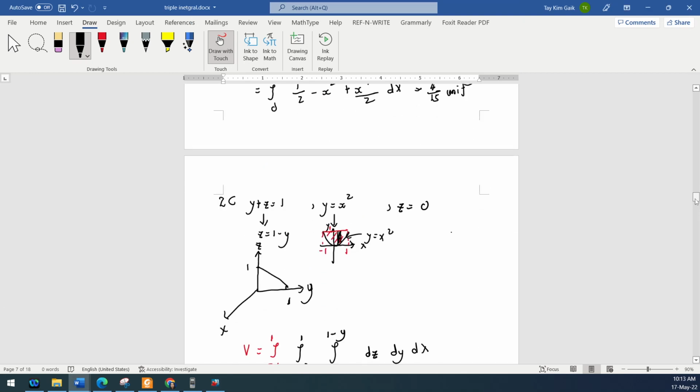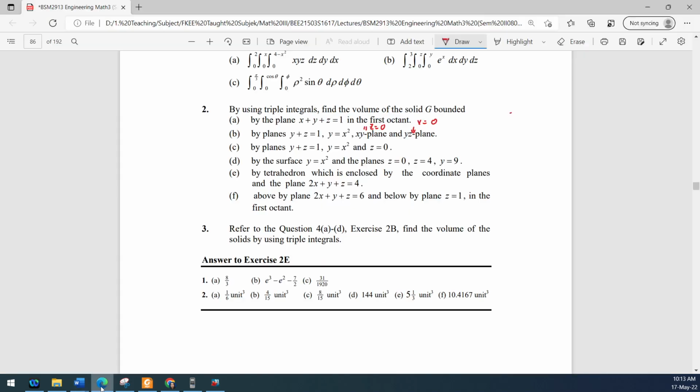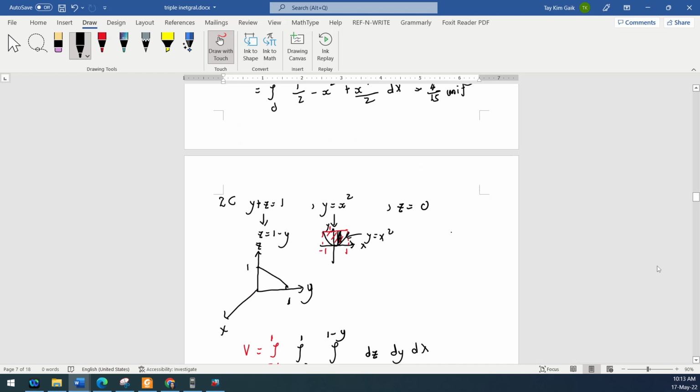So question 2c, repeat one more time. Question 2c is the same as question 2b, but x is unbounded. So you have y plus z equal to 1. From here, you know the z-intercept is 1, the y-intercept is 1, and then y equal to x squared, you draw the region R. In question 2c compared to question 2b, x is not bounded by x equal to 0.